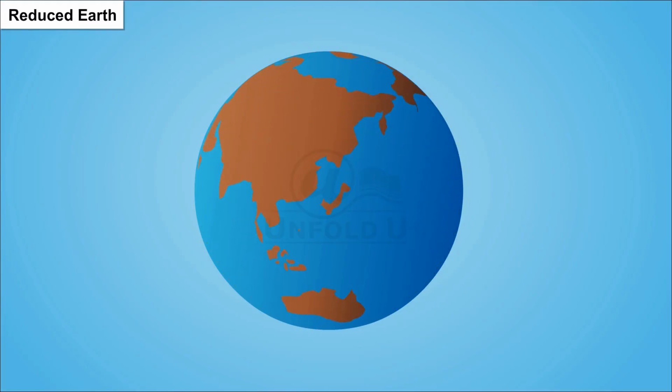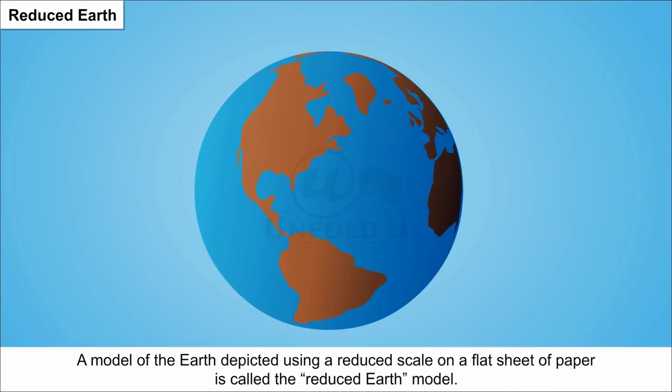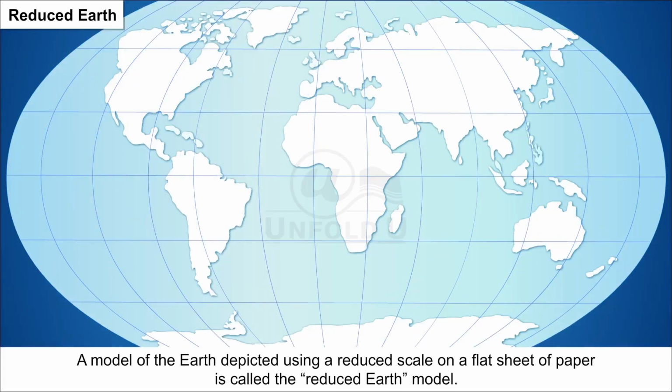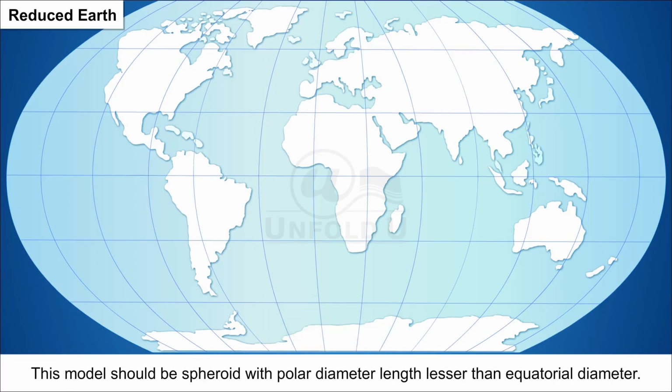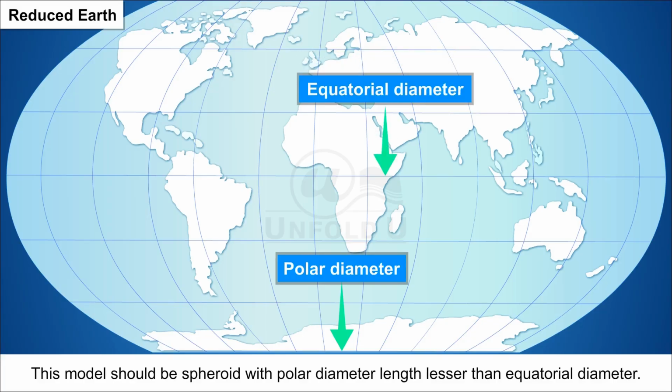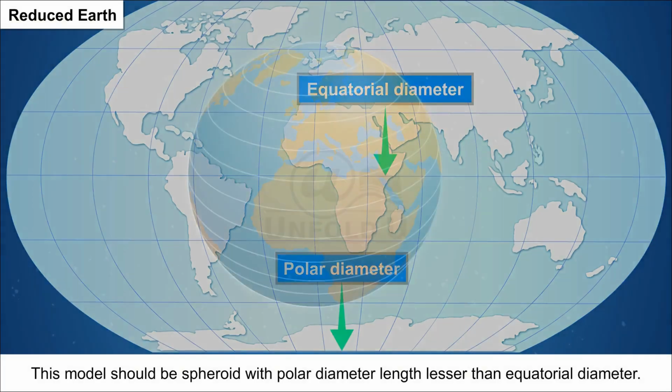Reduced Earth. A model of Earth depicted using a reduced scale on a flat sheet of paper is called the reduced Earth model. This model should be a spheroid with polar diameter length lesser than equatorial diameter.